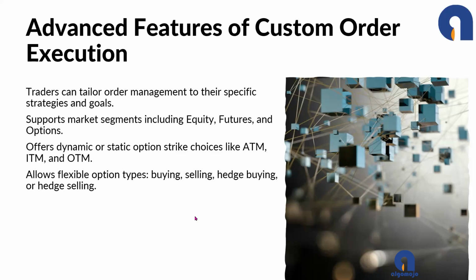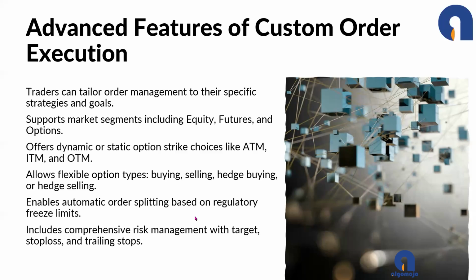And if you would like to hedge your positions along with taking a trade in options, that's also possible. Now, in case the order quantity is huge, we will take care of splitting those orders, placing multiple orders based on the freeze quantities set by the exchanges.